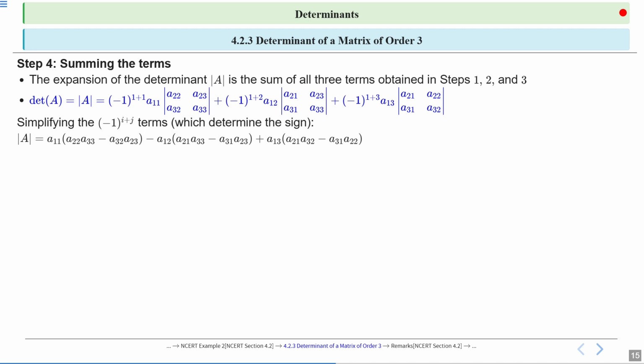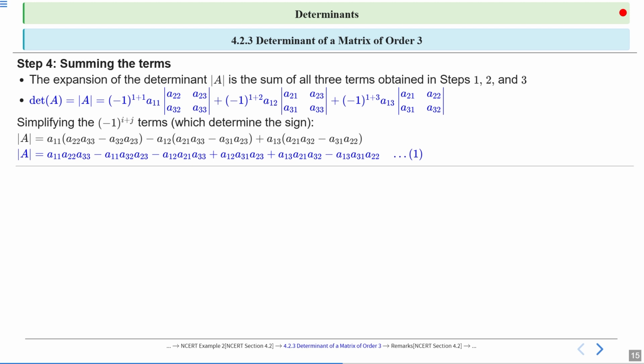So minus A12 into (A21 A33 minus A31 A23) plus A13, since minus 1 to the power 1 plus 3 is plus, into the determinant of A21, A22, A31, A32, that is A21 into A32 minus A31 into A22.